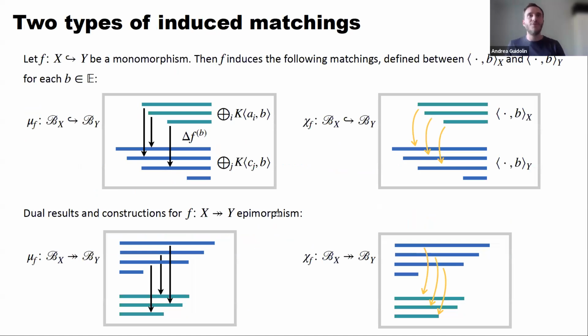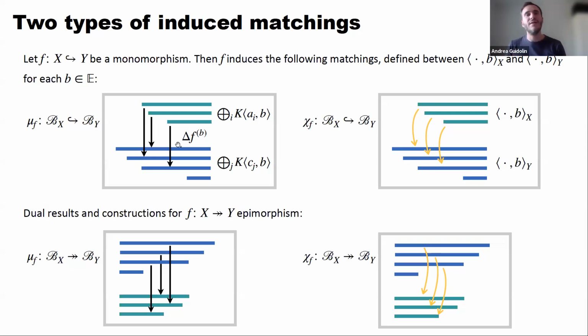So we have defined two types of matchings for monomorphisms for now, and let's revise them. In our case, we construct this block diagonal monomorphism just by forgetting about the arrows of the original monomorphism that go across blocks.